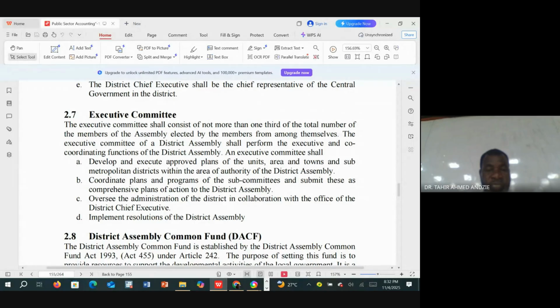And so they coordinate plans and programs of the subcommittees and submit these as comprehensive plans of action to the district assembly. And then they oversee the administration of the district in collaboration with the office of the district chief executive, and then implement resolutions of the district assembly.